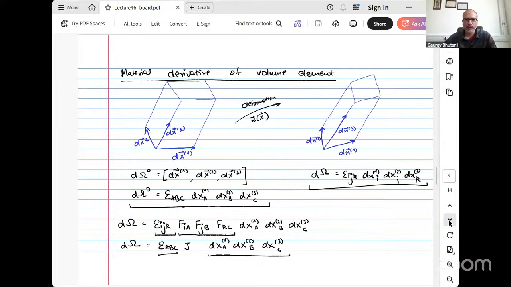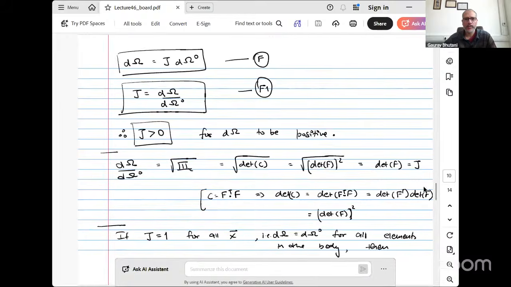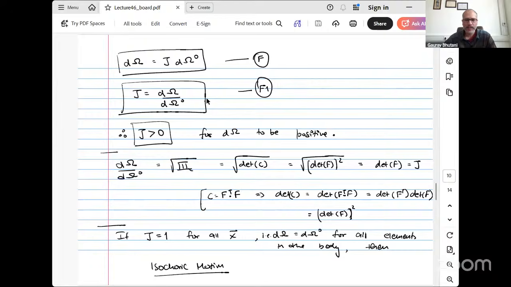And then we moved on to the volume element, where we showed first that there is a relationship between d omega and d omega naught, which is what we showed here, which is through the Jacobian. And then we discussed that this Jacobian, we had already seen this expression earlier when we talked about finite deformations, in terms of the determinant of C, which is nothing but the square of the Jacobian in this case. So it's the same as what we had got earlier.